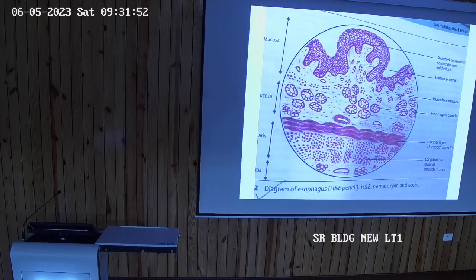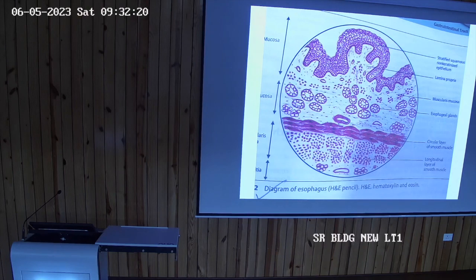The third part of the mucosa is the muscularis mucosae. In the case of the esophagus, the muscularis mucosae consists of a single layer of elongated smooth muscle fibers. I am using the word smooth muscle fibers, underline. In all parts of the GIT, you will find smooth muscle fiber maximum, except a few places.